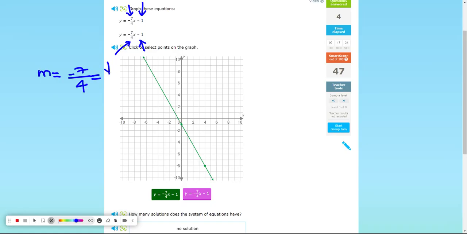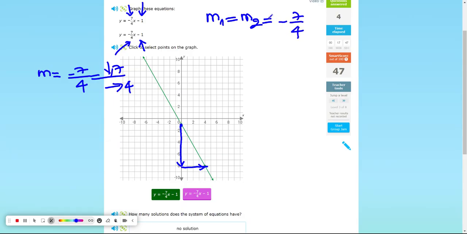So from negative 1 I go down 7, right there, and then go to the right side 4. You notice the slope is negative, so the line tilts down, negative 7 over 4.